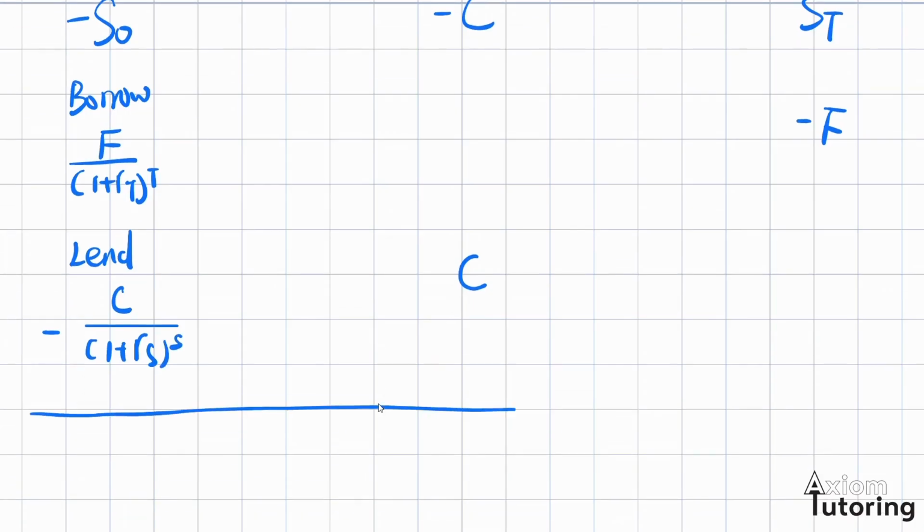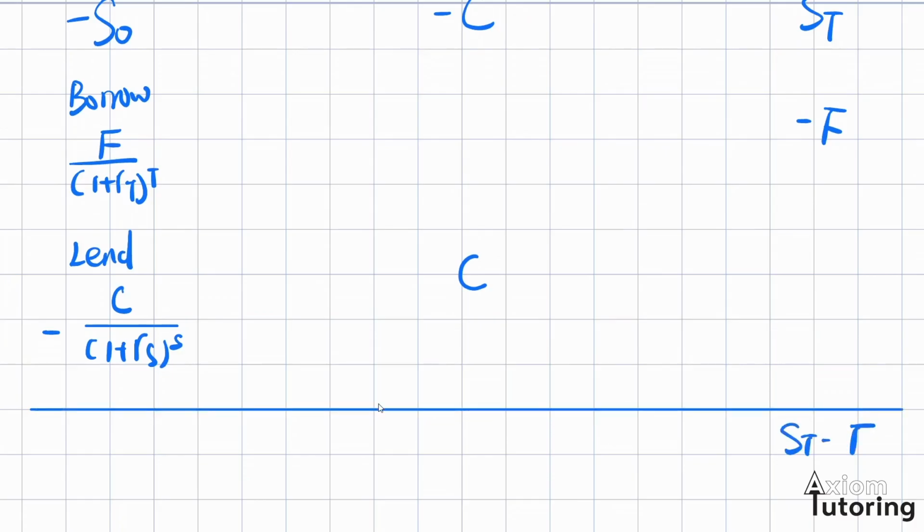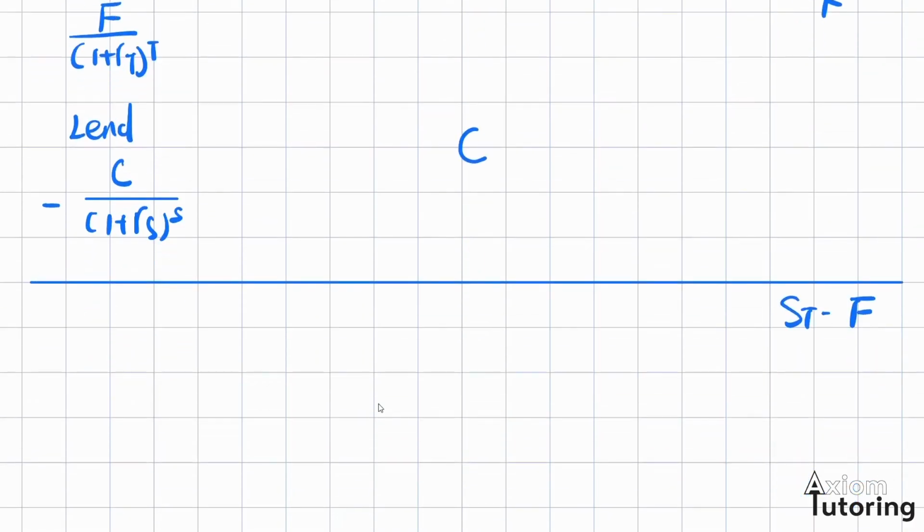Okay, we'll consolidate this as well. So at maturity, we're going to receive ST minus F, so exactly the same payoff. And here, the cost for holding the underlying asset is going to be offset by lending the amounts over here.